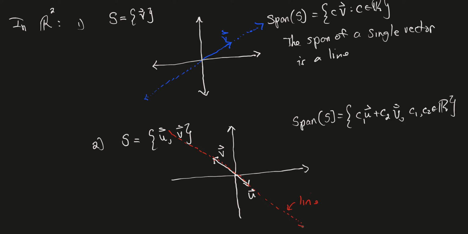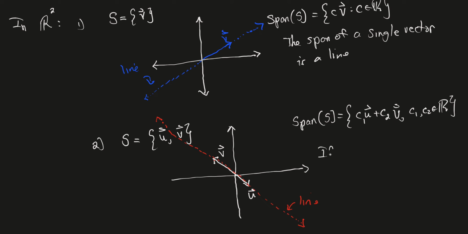So even though I put an arrow on here, it's not finite like a vector, right? It goes on indefinitely, right? Similarly for this one, this is now a line, right? So if the two vectors are already scalar multiples of each other, then their span will still just be a line, right?